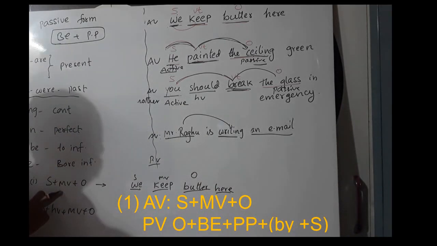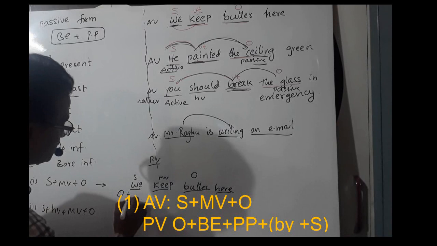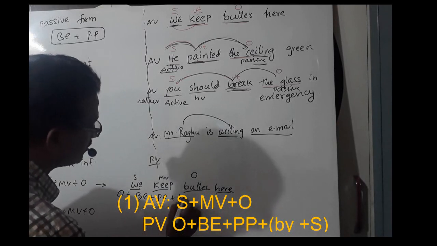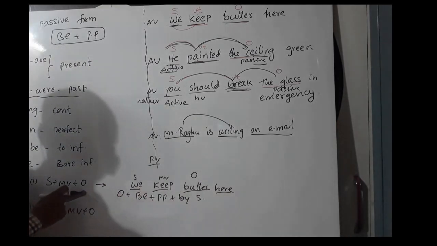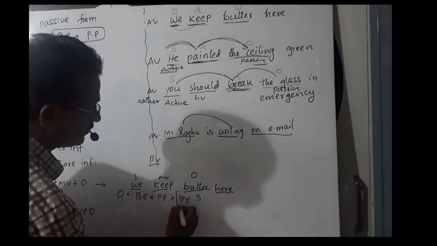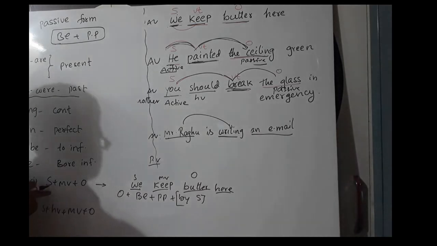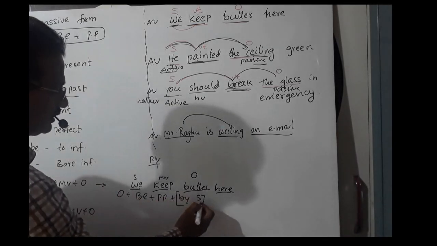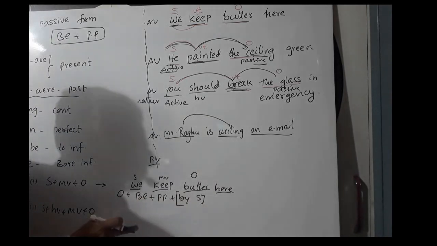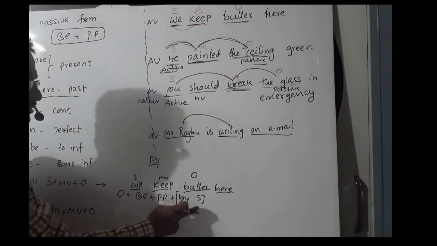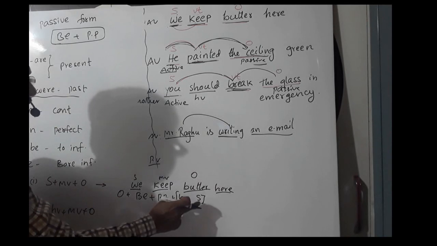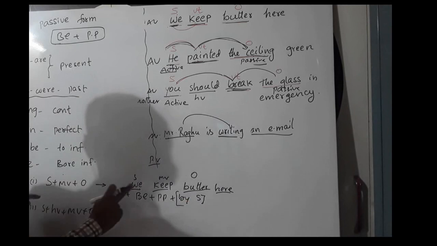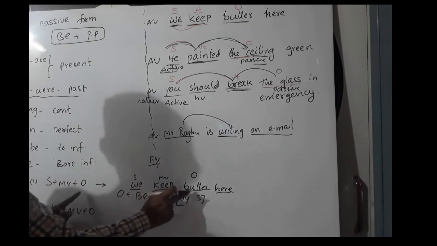Now the passive form is, you place the object first and again be and past participle plus by plus subject. We often omit the subject in passive voice, the active subject of the passive voice. We often omit that. If necessary, if you think that it is important, you can place it by using the preposition by before the subject. So, subject plus main verb plus object.